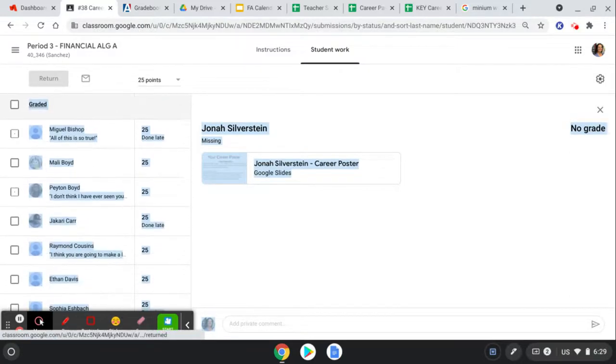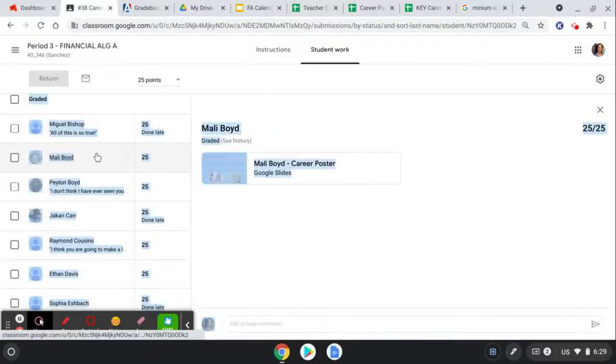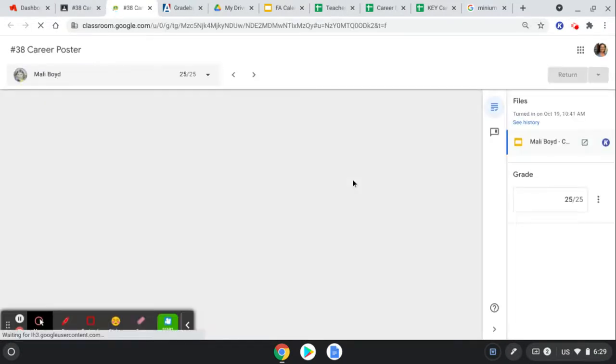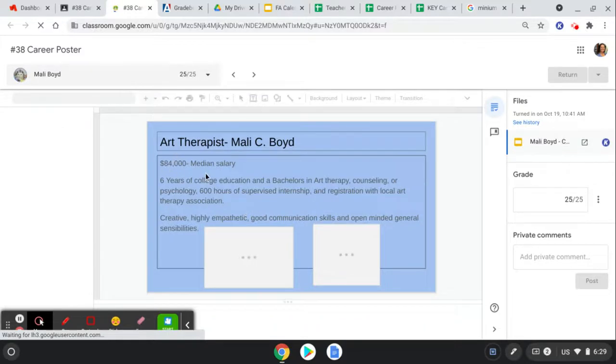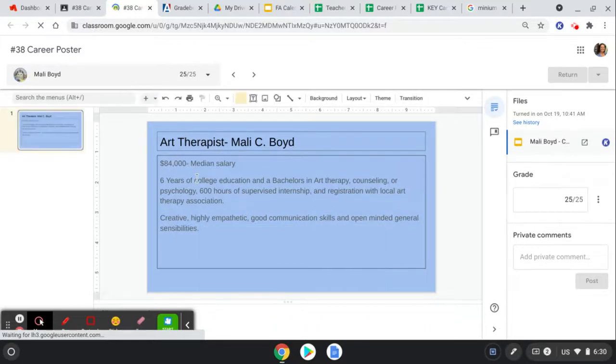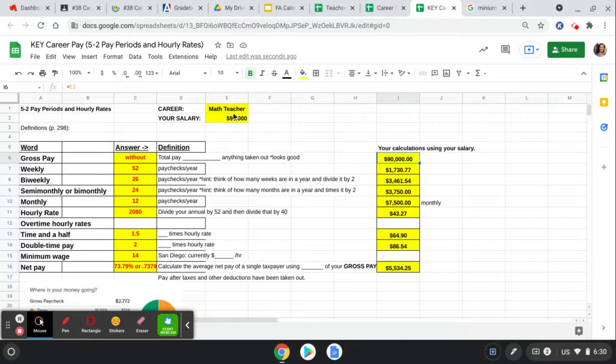Oh, sorry, Jonas. Not Jonas. Let's pick Molly's. Molly, for her career poster, picked $84,000 as her art therapist median salary. So Molly is now going to go change hers, and you're all going to go change yours to exactly what you picked. So she would change hers to art therapist and then change it to $84,000.